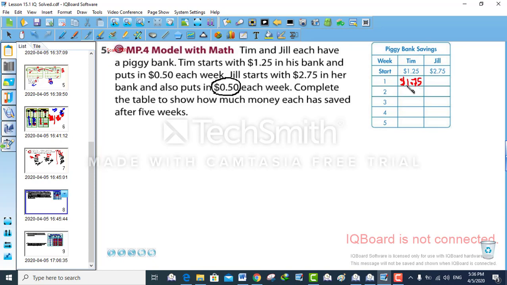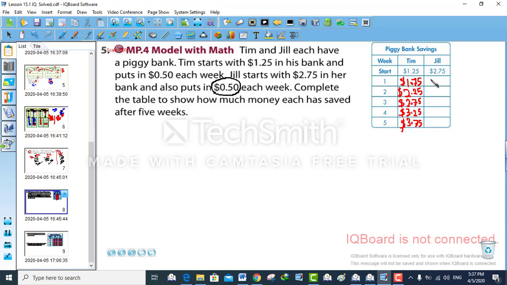$75. Then another 50, it's going to be $2.25. Then after this, it's $2.75. Then by the same way, $3.25. Then $3.75, yes, dollars. Now by the same way here, you are going to add the same 50 cents.